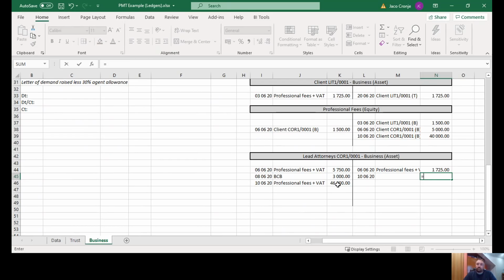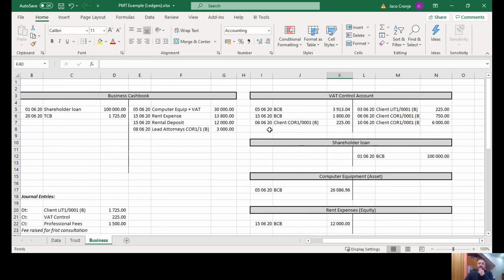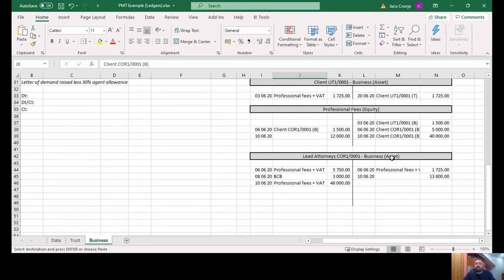So I'm just going to say equals that times 0.3. And then my VAT control will also decrease by that amount. So on the 10th of June 2020 equals that times 0.3. Right, so I can literally just go and copy and paste whatever my descriptions were there.